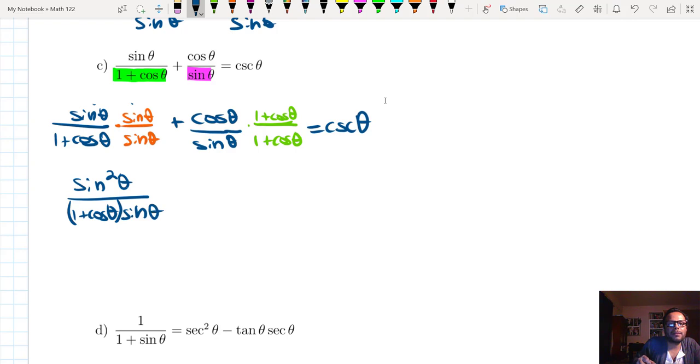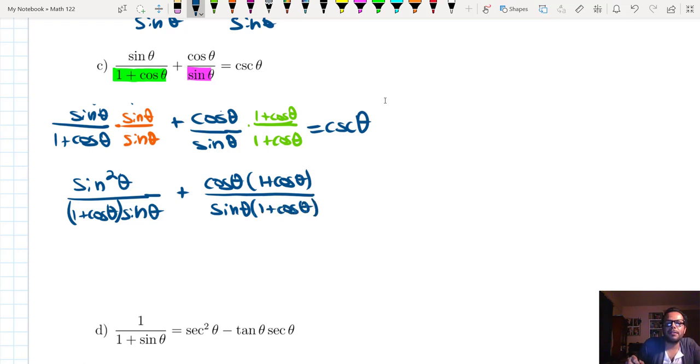And then plus cosine times 1 plus cosine, that is cosine theta times 1 plus cosine theta, divided by sine theta times 1 plus cosine theta. Okay, that still equals cosecant theta.